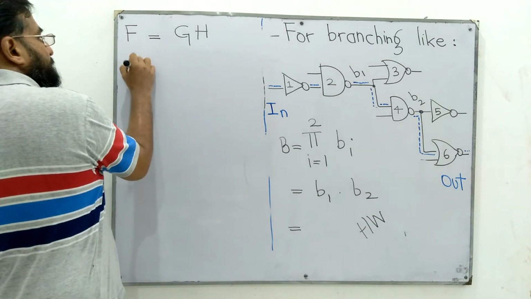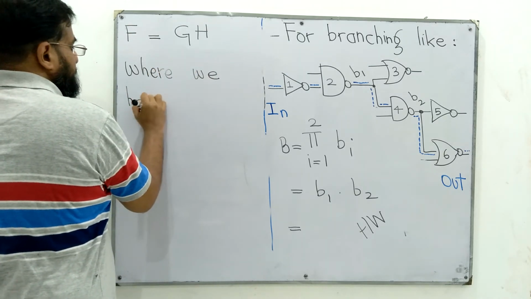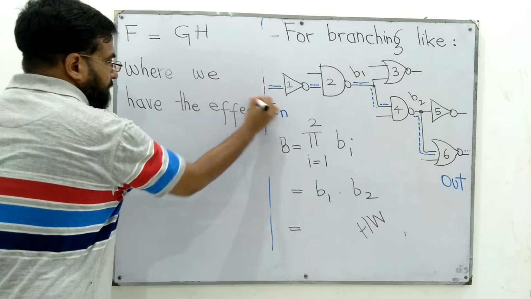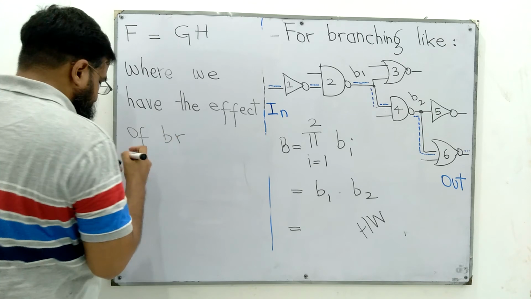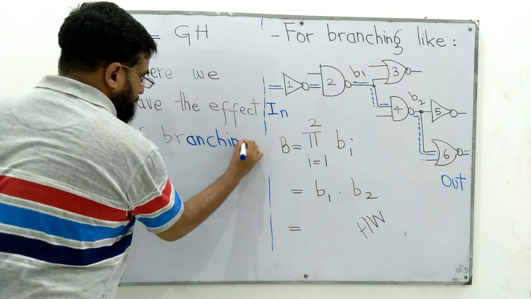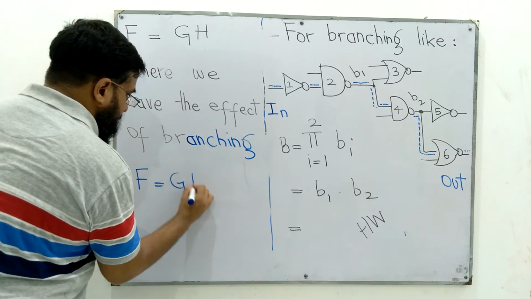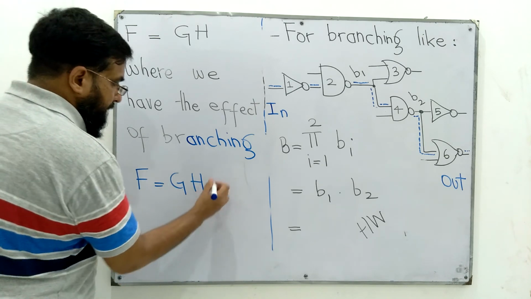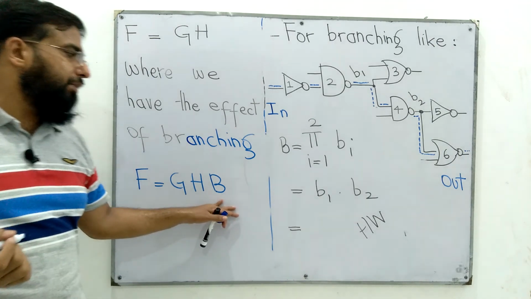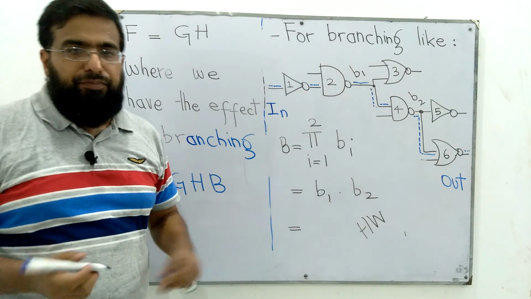Now where we have the effect of branching, the new expression for F would be G times H times B, where B is the path branching effort. So the new F would be this if there is some branching effect in the chain.